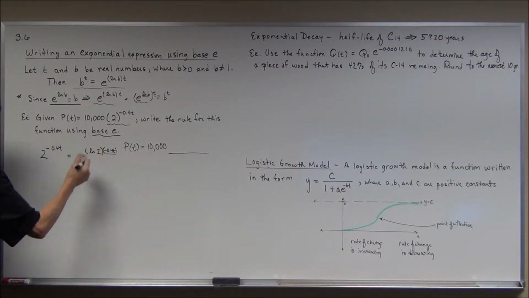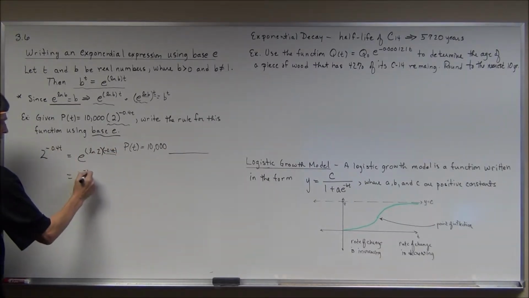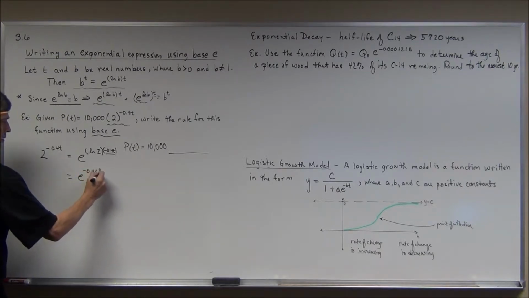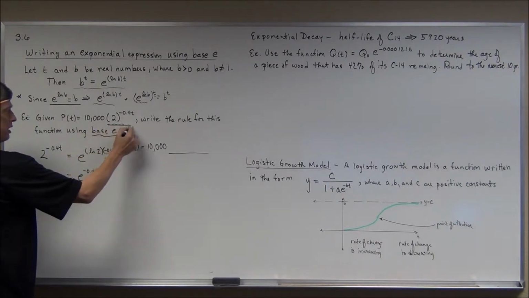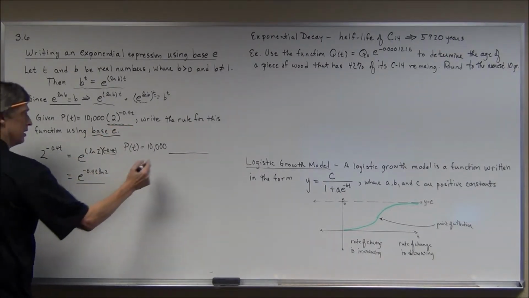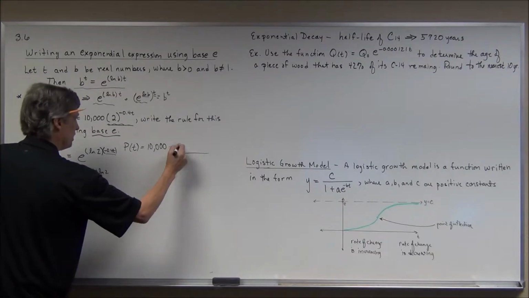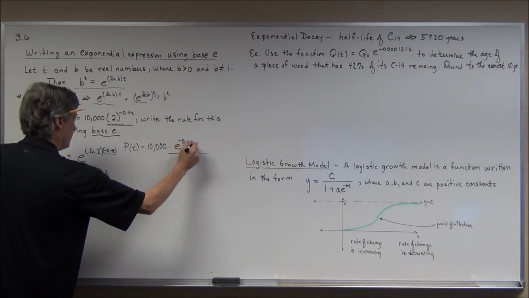I'm going to put this first, it just looks better that way. So now I'm going to replace in my expression with this, times e to the negative 0.4 t natural log of 2.